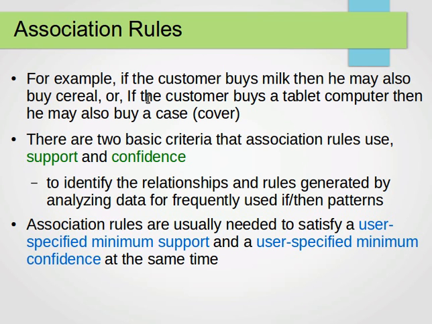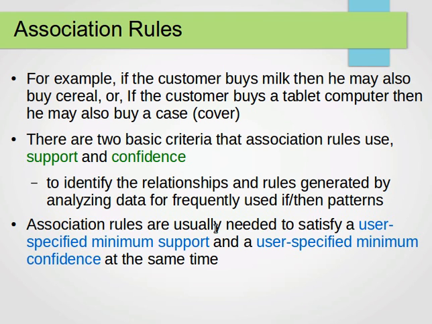Or maybe if a customer buys a tablet computer, then he may also buy a case or a cover for that tablet computer. So these are if-then statements. These are association rules. In general, there are two basic criteria that association rules use: support and confidence. We mentioned that before, to identify the relationships and rules generated by analyzing data for frequently used if-then patterns.